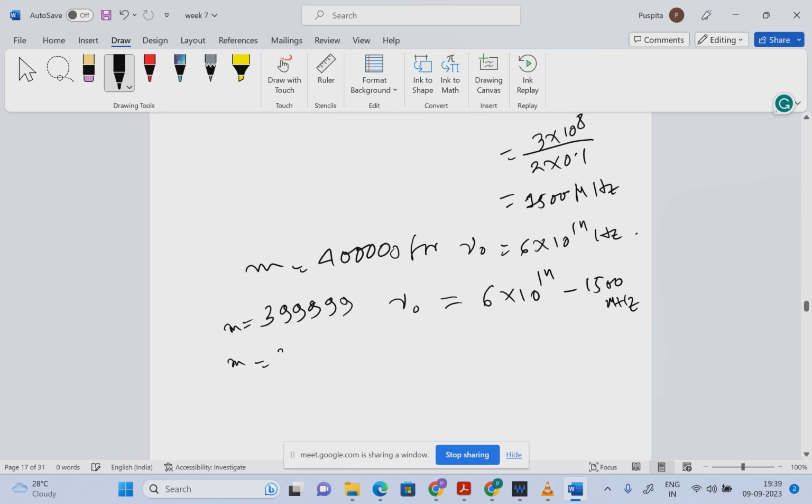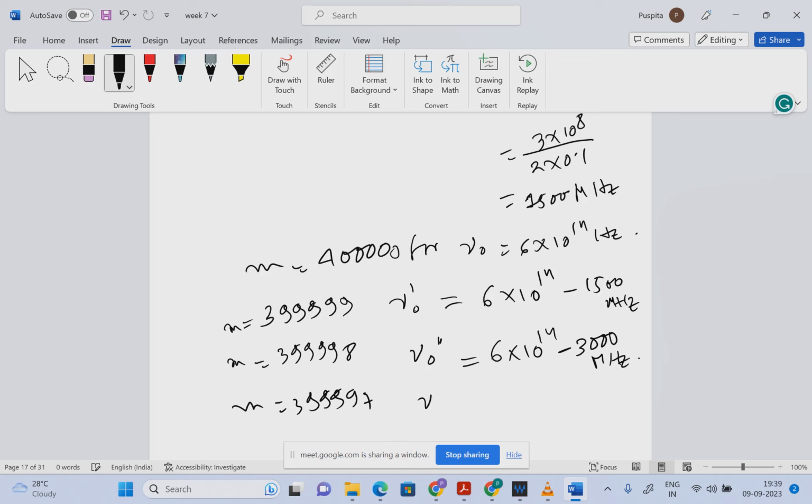And for m equal to 39998, it will be 6 into 10 to the power 14 minus 3000 megahertz. M is equal to 39997.